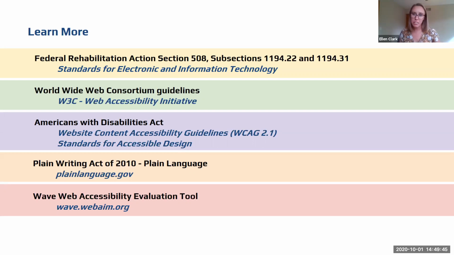One of the easiest ones, I think, for people to use and pinpoint as a resource is the World Wide Web Consortium guidelines. It's very easily searchable on their website, and it is just a great resource to find things pretty quickly. Plain Writing Act of 2010 and Plain Language, so plainlanguage.gov.